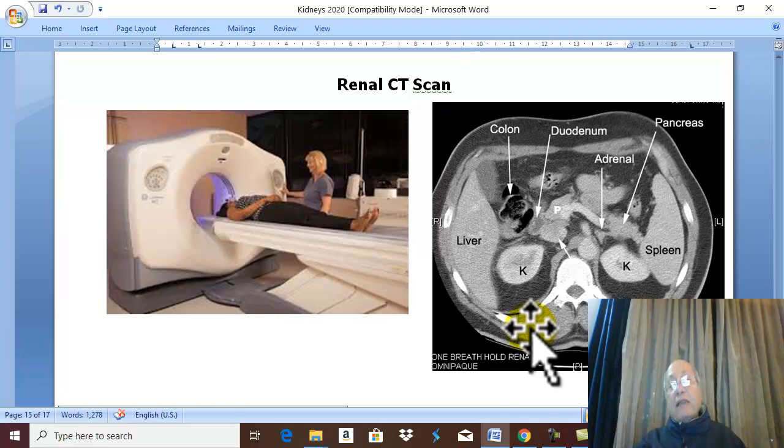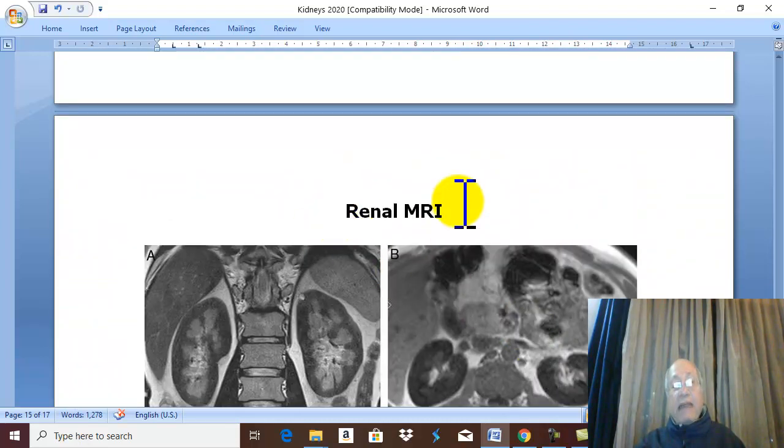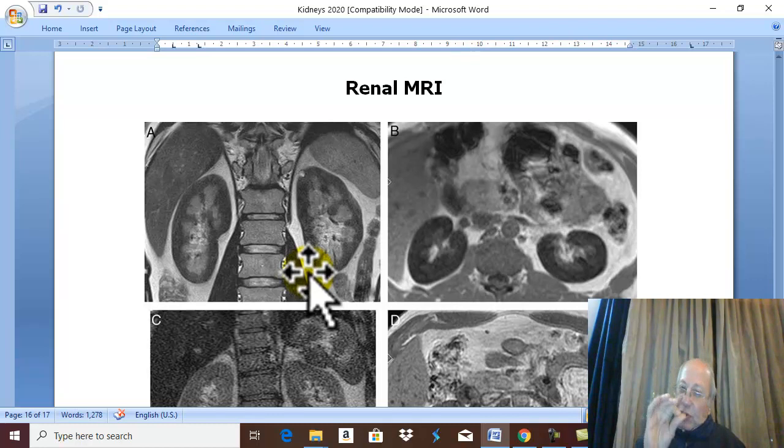We can also visualize the kidney by MRI, magnetic resonance imaging. Simply, for your level, what is the difference between CT scan and MRI?